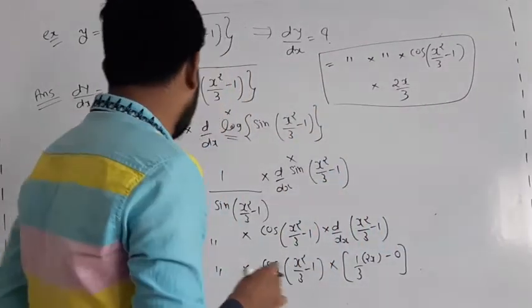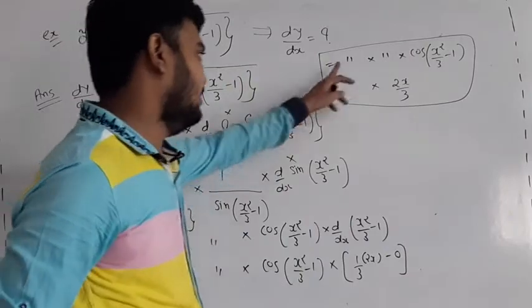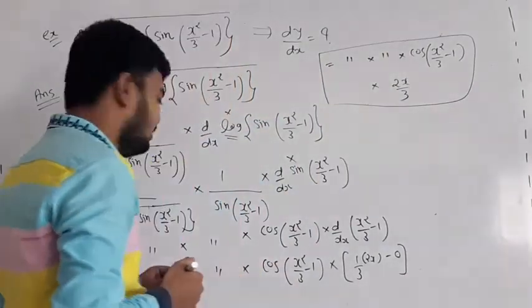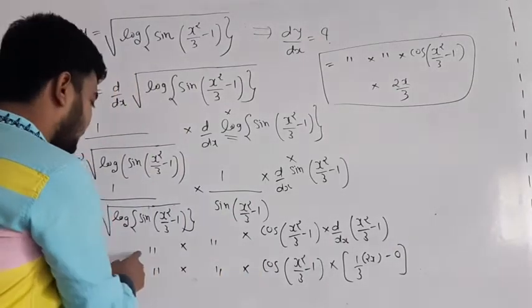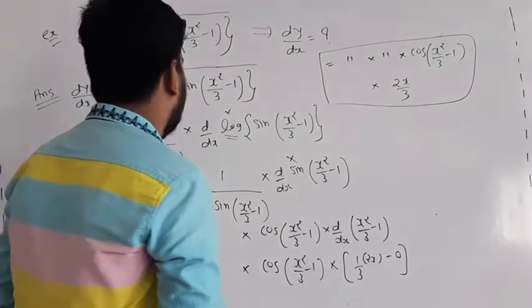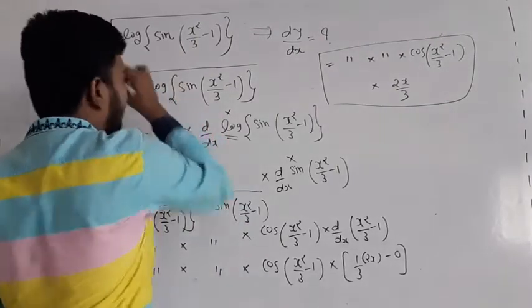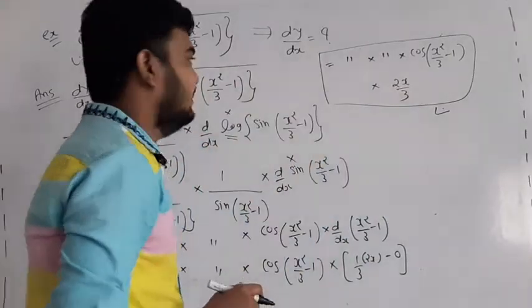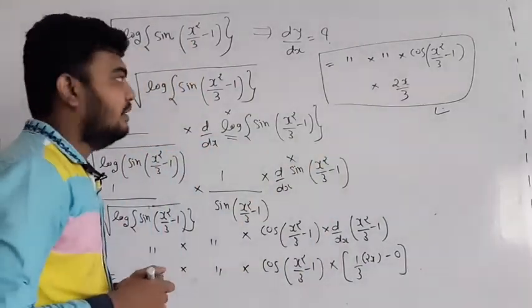We are not writing these two whole terms here because of the lack of space, but you cannot write these types of signs in examination. Okay beta, so I hope you are getting how this answer comes. Okay beta, now taking next example.